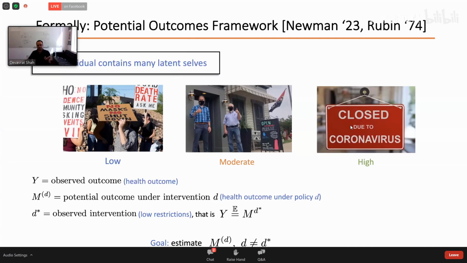D star is a specific intervention, in the context of United States, low restriction, that we observe, or rather it's applied. And that means that the observed outcome would be effectively a random variable Y, maybe in some distribution, that has a relation in expectation to the true potential outcome of interest. And of course, the goal is to estimate M sub D for all D not equal to D star. Because for D equal to D star, we're observing through expectation, then maybe we want to denoise it as well.